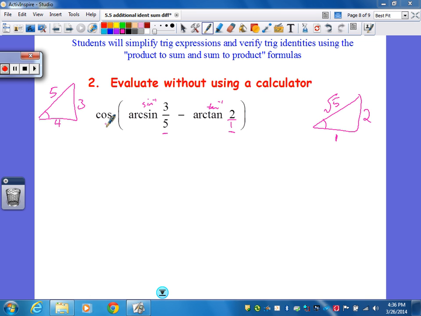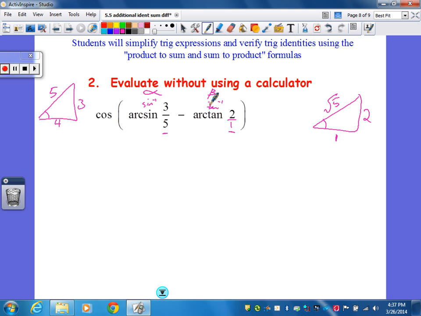So this is going to be like our alpha angle minus our beta angle. A lot of you are going like, oh, how do you know that? Well, remember, we're taking the cosine of an angle. That's what arc sine of that means, and arc tangent of that means. If you were to type this into your calculator, it'll be an angle. So we have two angles, and really we're dealing with cosine of that angle and that angle.